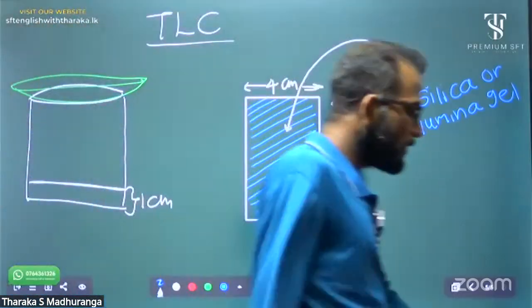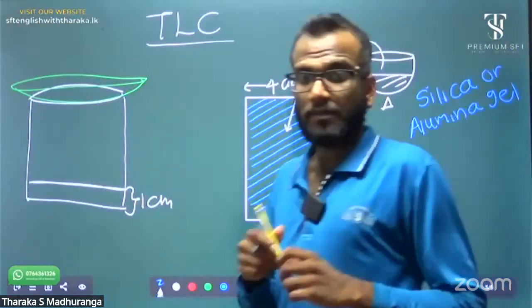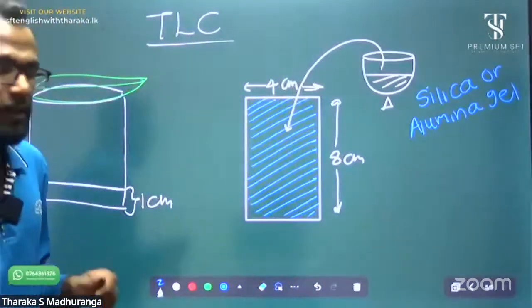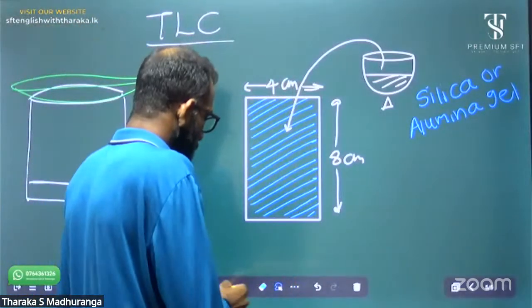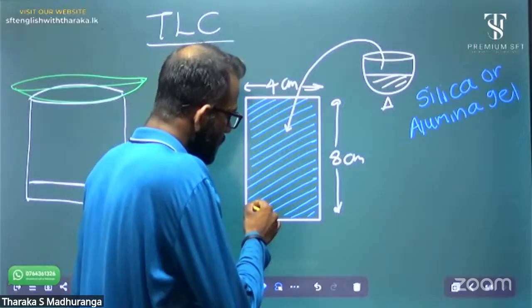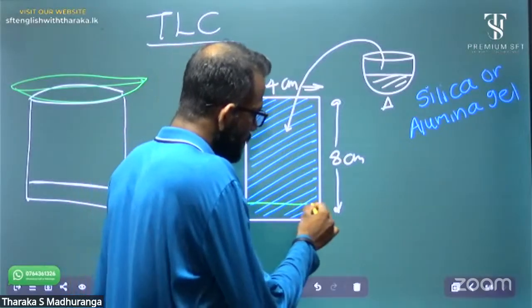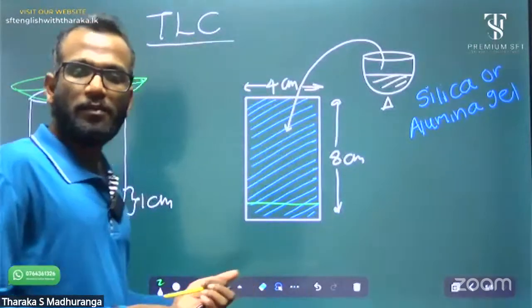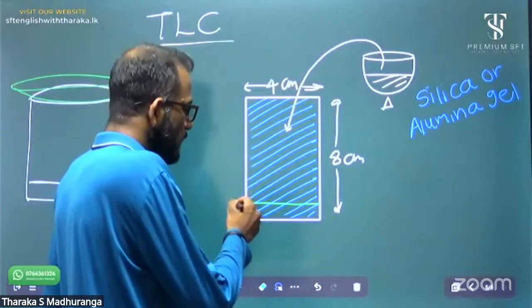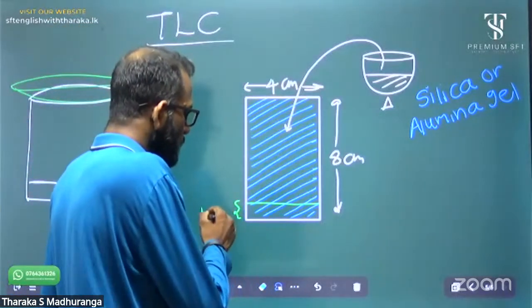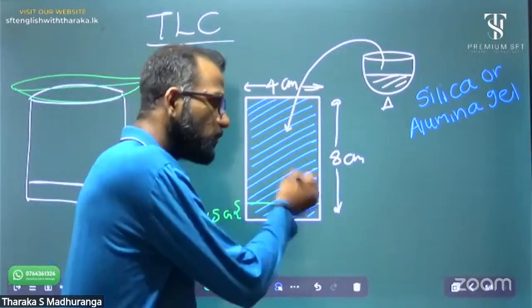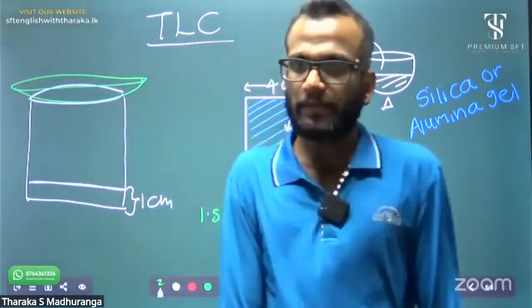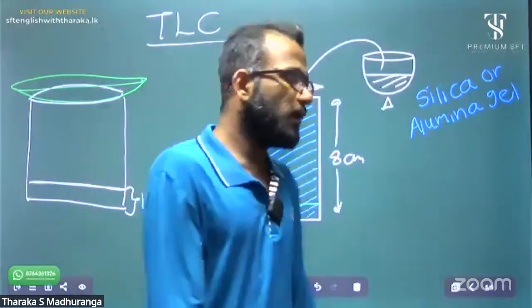Then you get the sharp pencil again and draw a very thin line 1.5 centimeter above the lower end. What is the name of this line? Baseline.